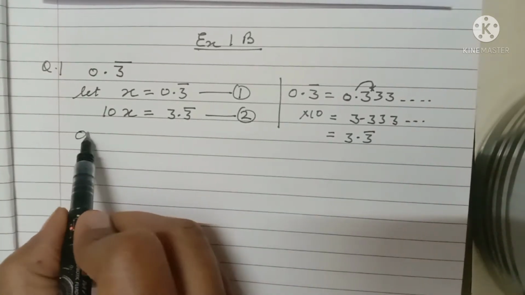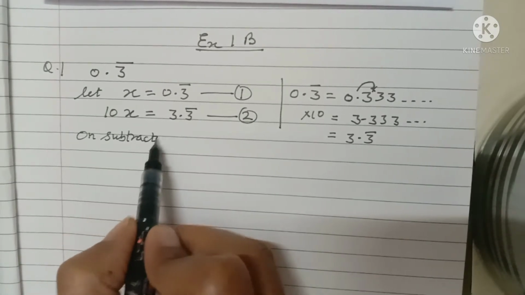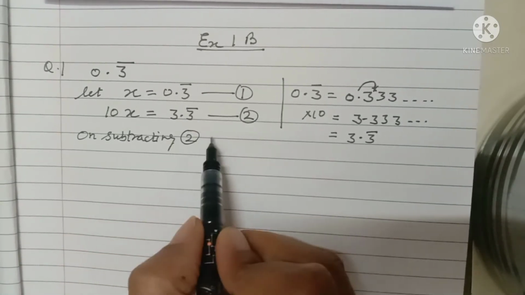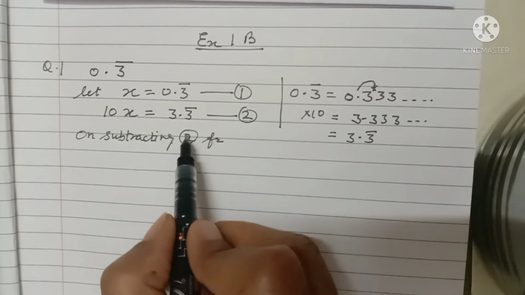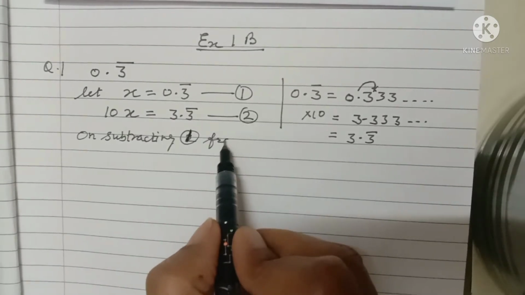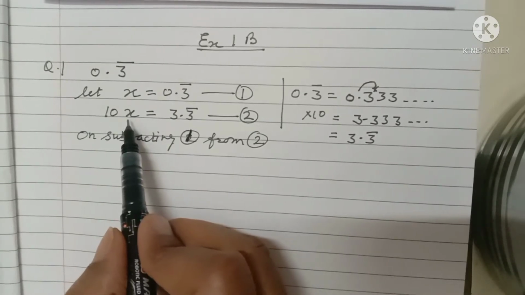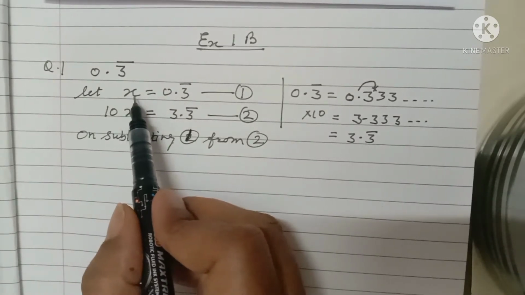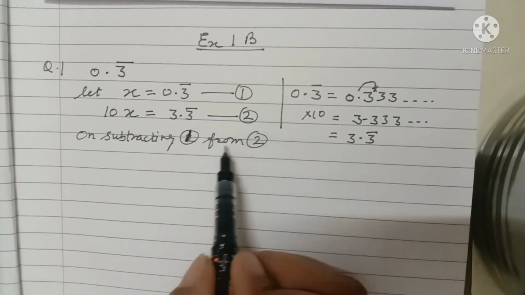On subtracting first from second, because 10x is greater than x, we will subtract equation first from second.